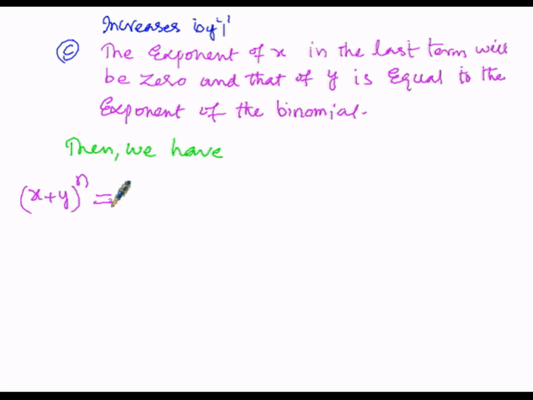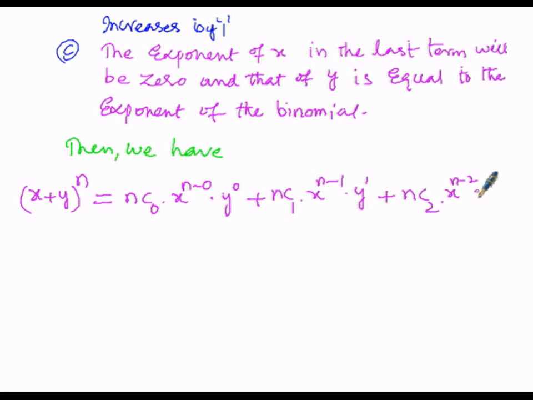Here nC0 x to the power of n minus 0 into y to the power of 0, plus nC1 into x to the power of n minus 1 into y to the power of 1, plus nC2 into x to the power of n minus 2 into y to the power of 2 plus, so nC2 is the third term and nC1 is the second term.